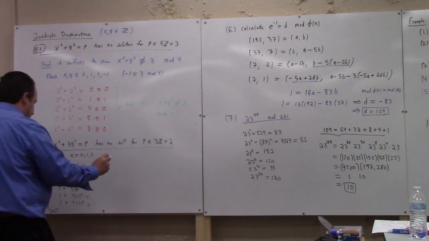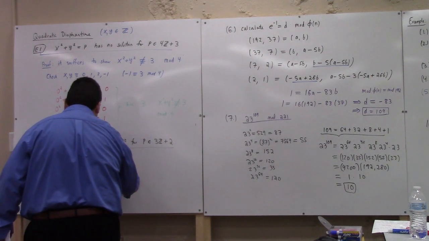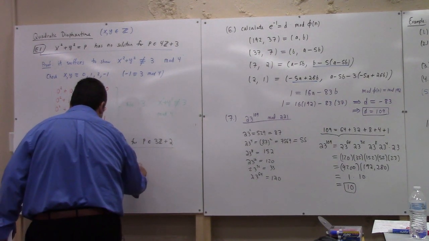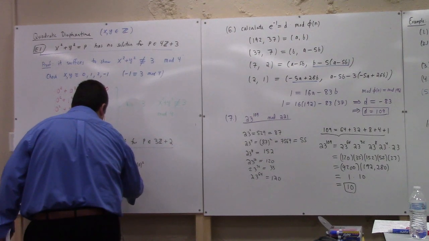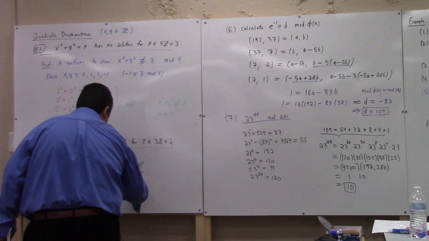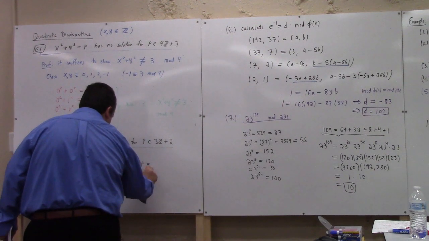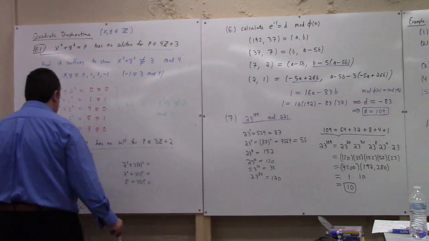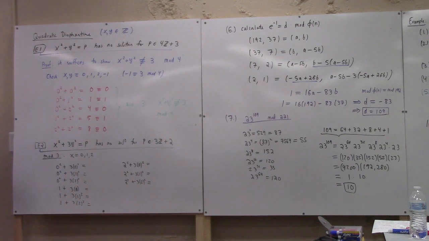What are the other possibilities? 2 squared plus 3 times 0 squared, 2 squared plus 3 times 1 squared, 2 squared plus 3 times 2 squared. Right? You have 2 inputs. There are 3 possibilities. That means there are 9 cases to check.